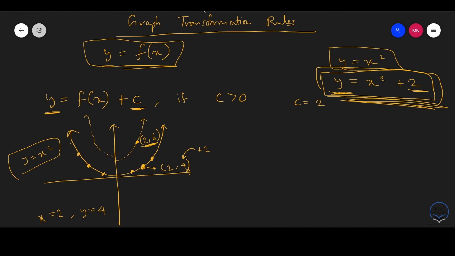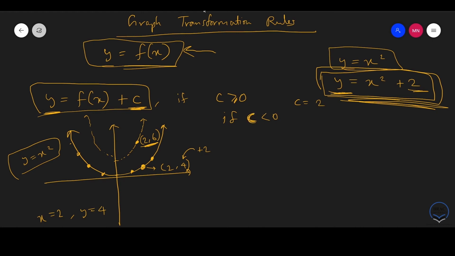So if c is positive and we're adding c units to our function, then the graph gets shifted vertically upwards by c units. And if c happens to be less than 0, then in that case, we're shifting the graph downwards vertically.